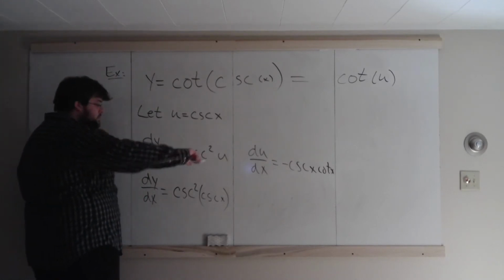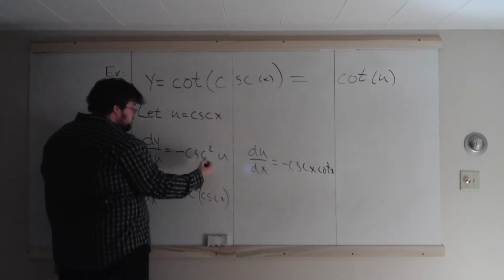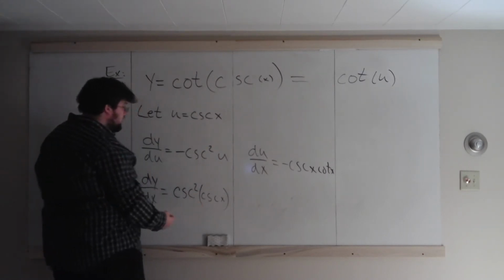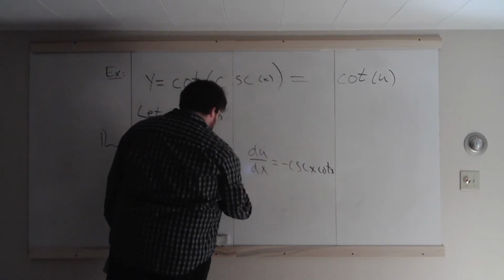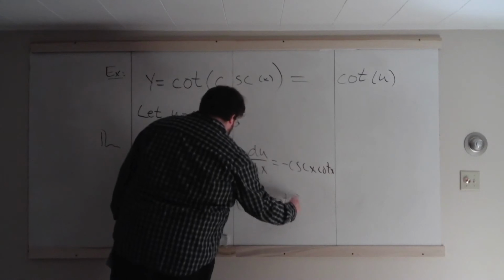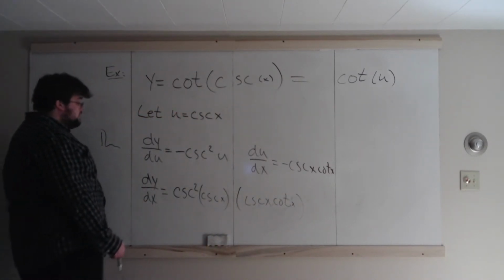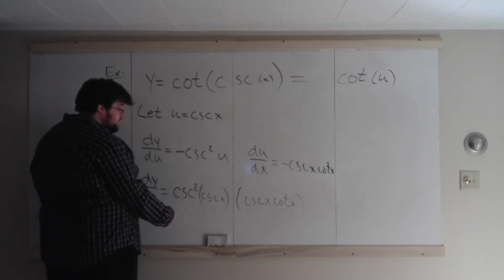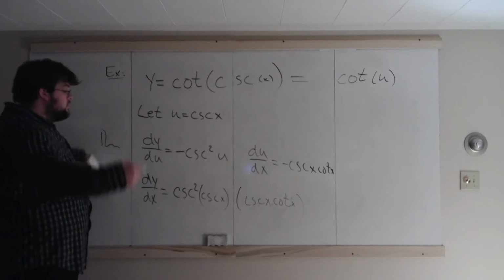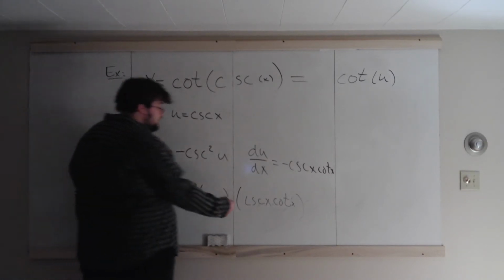So just with the substitution, we have negative times negative is positive, so we have cosecant squared of u, which is cosecant. So you have cosecant squared of cosecant times cosecant x cotangent x. And this is not cosecant to the third. This is also not cosecant to the fourth. This is cosecant squared of cosecant times cosecant cotangent.